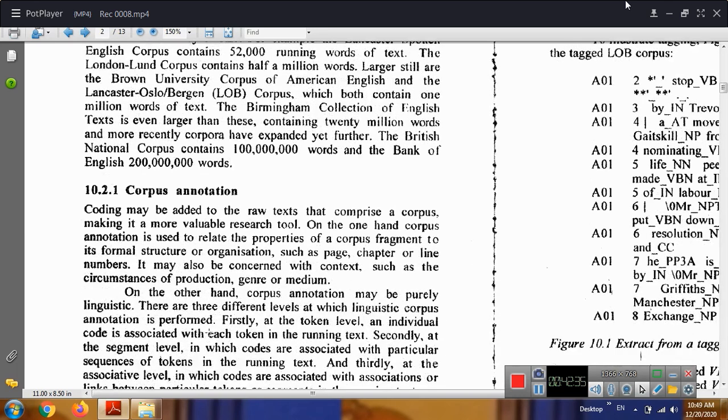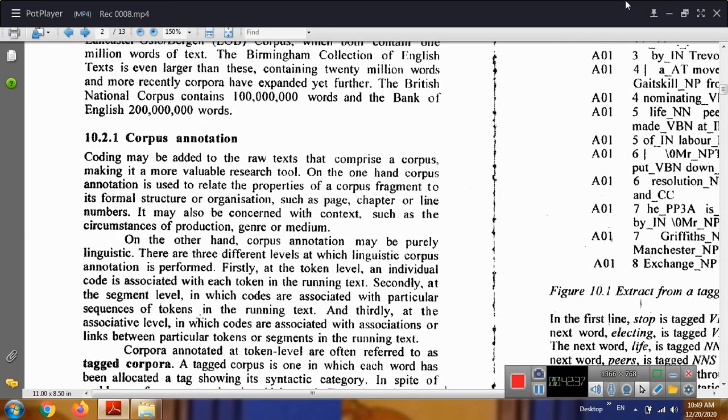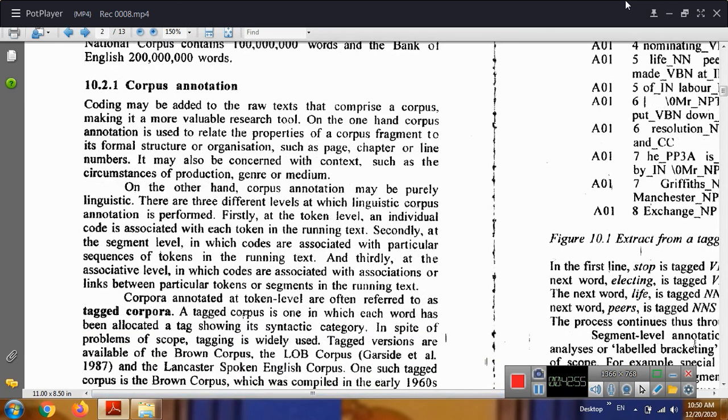Another matter was corpus annotation, with which we became familiar. We say something about the steps and levels of annotation, which are the token level, segment level, and associative level, and we explained the features of each one.